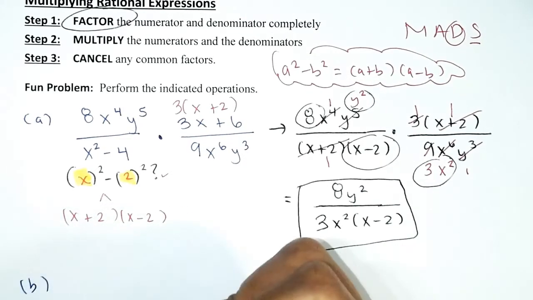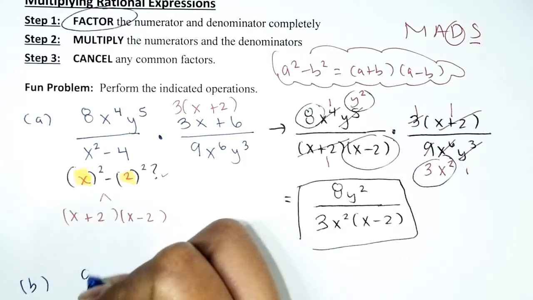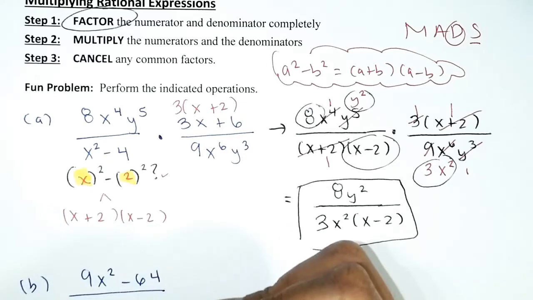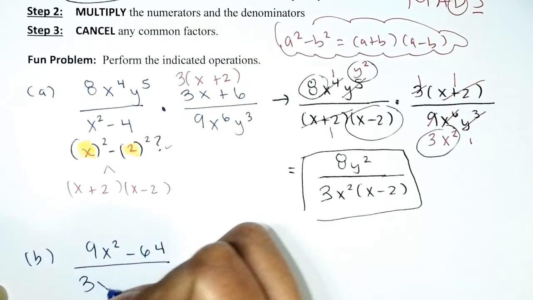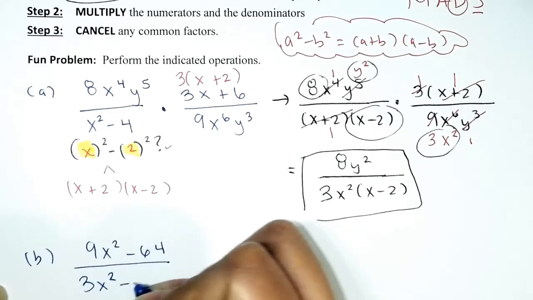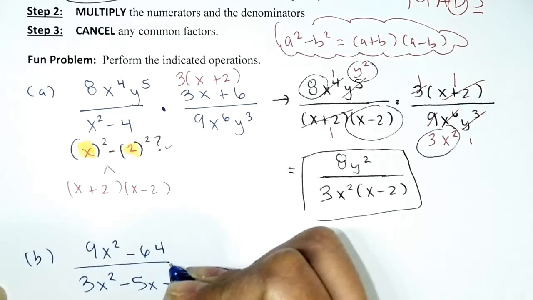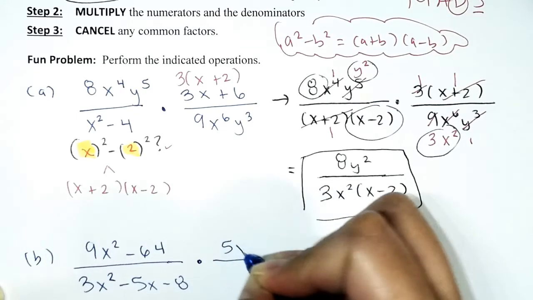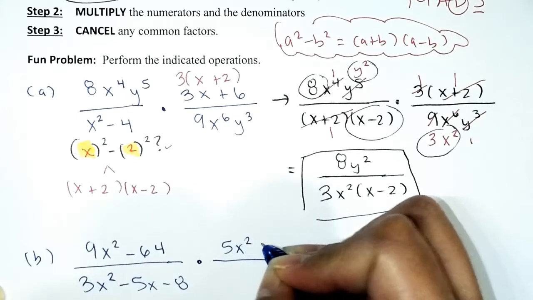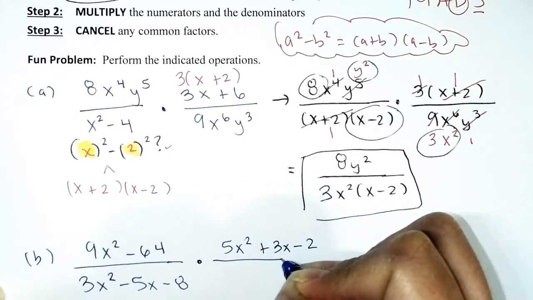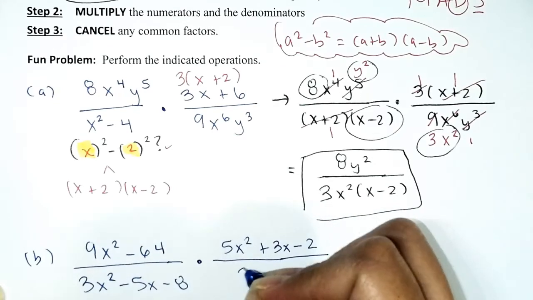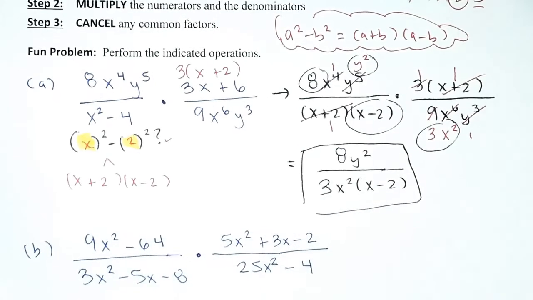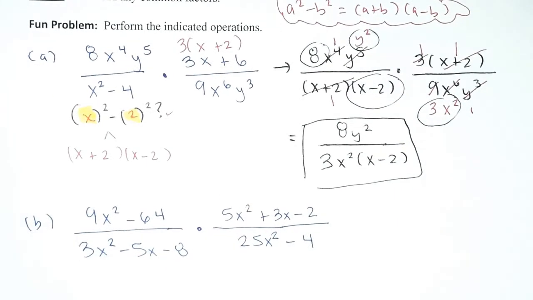Problem B. We have 9x squared minus 64 over 3x squared minus 5x minus 8, and then we're going to multiply that by 5x squared plus 3x minus 2, and that is all over 25x squared minus 4.